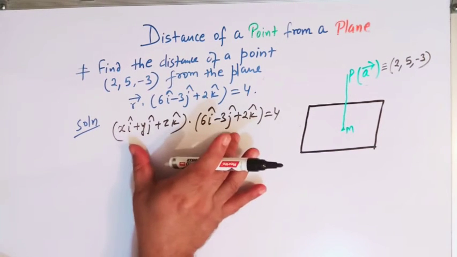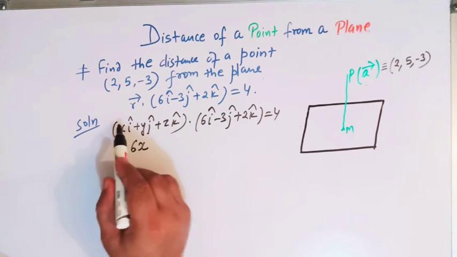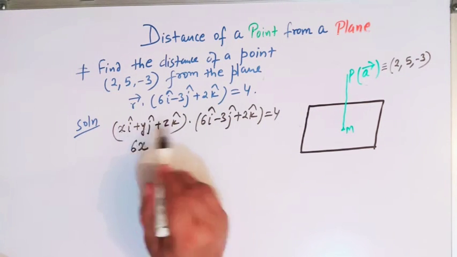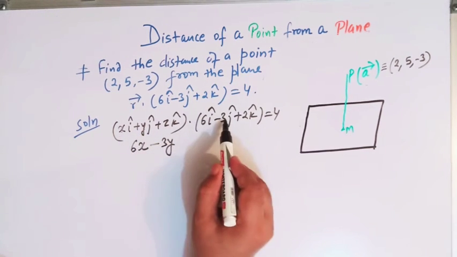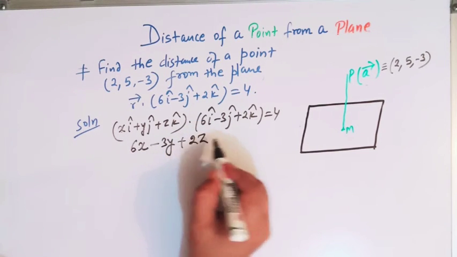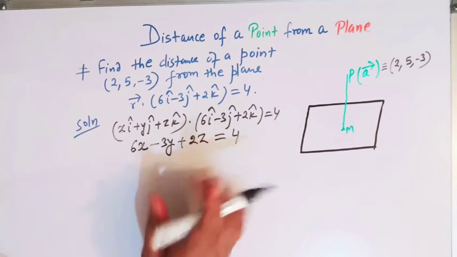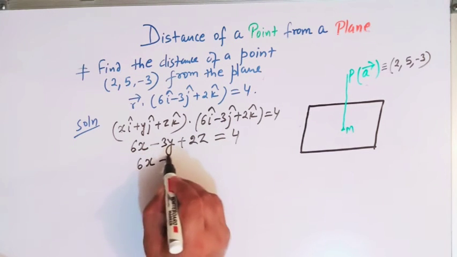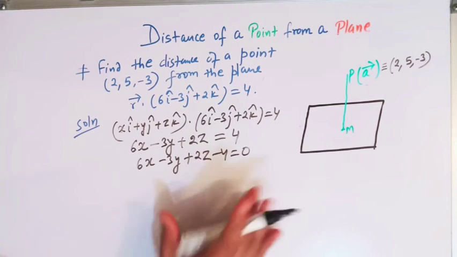Taking the dot product of these two vectors, we get 6x, then y times minus 3, then z times 2, that is 2z, equal to 4. So this is the Cartesian equation of the given plane, right?